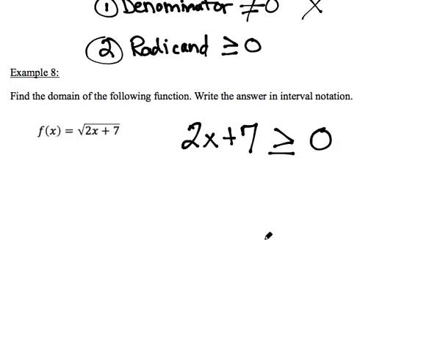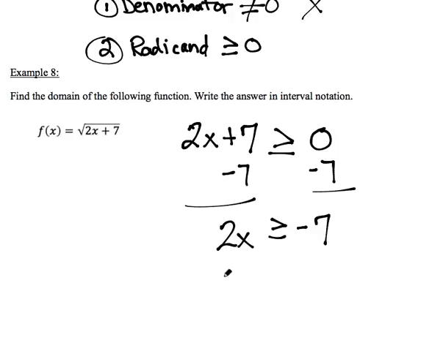I cannot have a negative in the radicand. So I'm simply going to solve this. I'm going to subtract 7 from both sides. That's going to give me 2x is greater than or equal to negative 7. Divide both sides by 2. So I'm left with x has to be greater than or equal to negative 7/2.